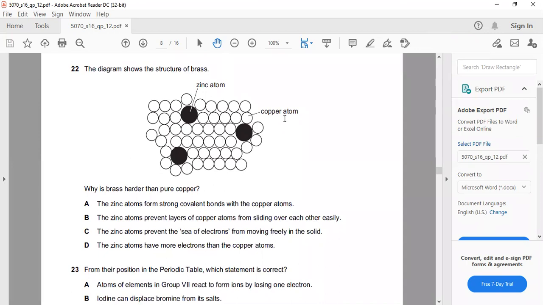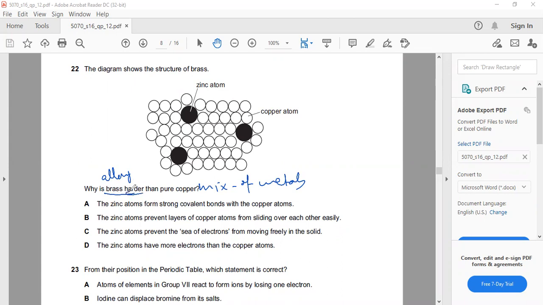22. A very frequently asked question about alloys. You might have seen this question in many papers. Brass is an alloy, a mixture of metals. Zinc atoms form.